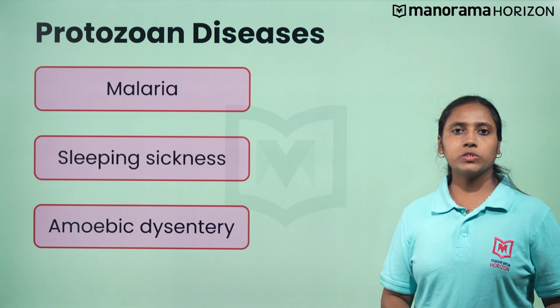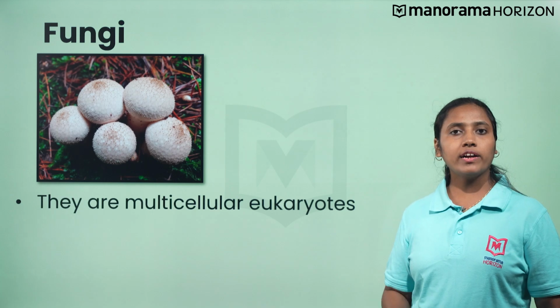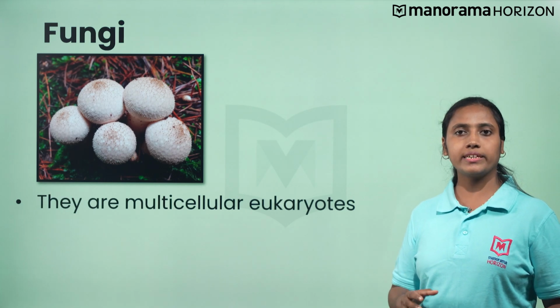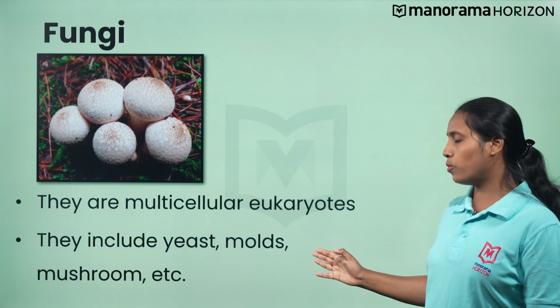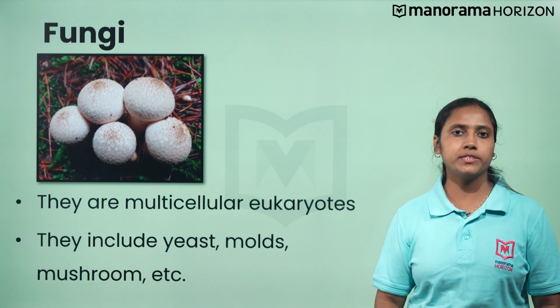Let's now discuss on the next type, that is fungi. A fungi is any member of the group of eukaryotic organisms that include microorganisms such as yeast and molds or macroorganisms such as mushrooms.